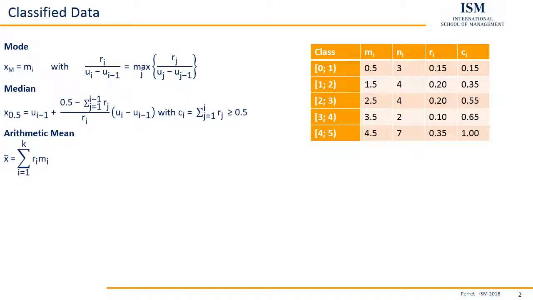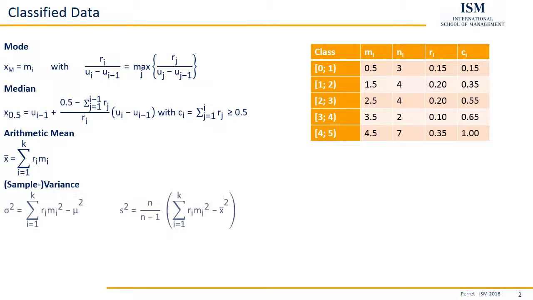However, in the beginning I promised you not only measures of central tendency, but of dispersion as well. For this we can consider the variance or sample variance. Here we can directly use the specific formula, which makes it a little bit easier.